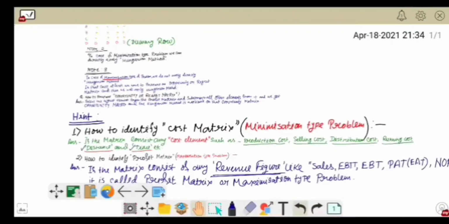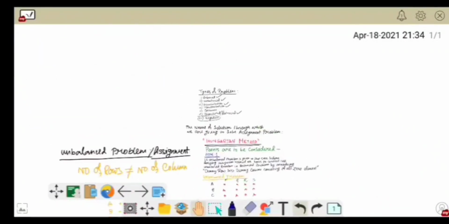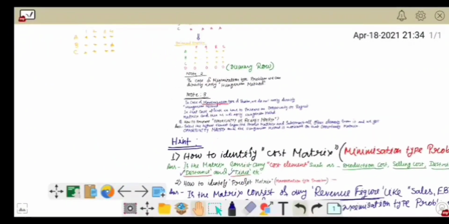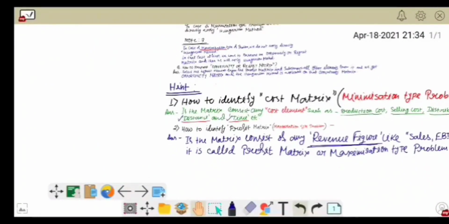The concept and the majority of the explanation are already given here, so nothing is left in the theoretical part. In the next video I am coming with a problem, and in the Hungarian method there are a few steps. I will write them down there at first.